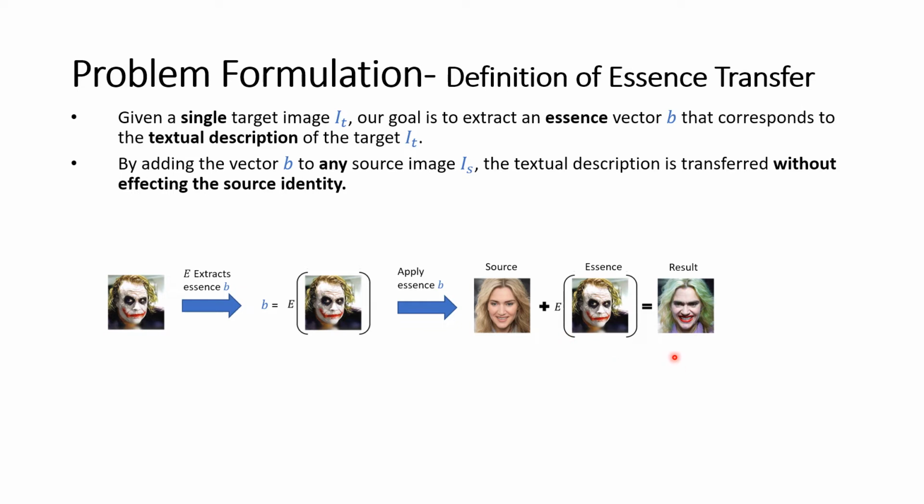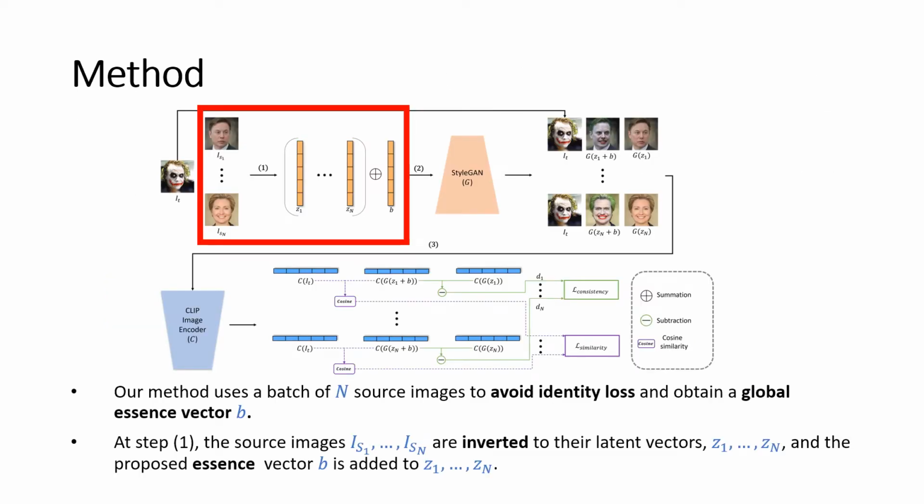For example, here, the identity of the result still corresponds to Kate Winslet, but the semantic features are taken from the Joker.